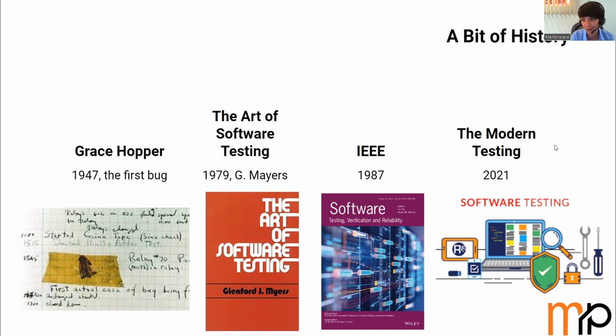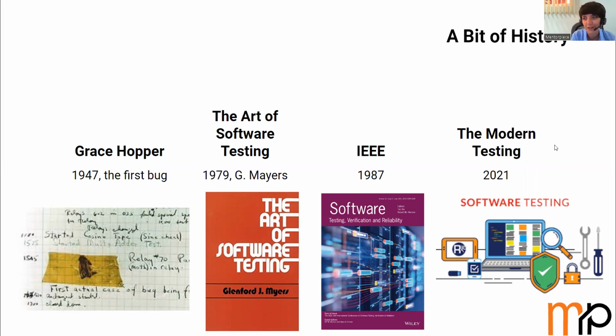Probably you know that story about the first bug. Grace Hopper came to work one day and saw that all her subordinates were trying to repair the computer. The computer was not working, everybody was very sad, and nobody could understand what was happening. And she asked, guys, did you look inside the computer?